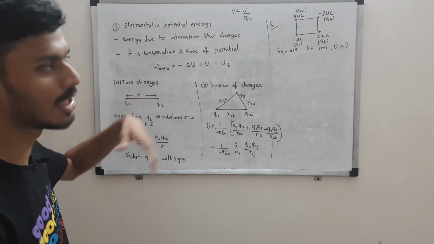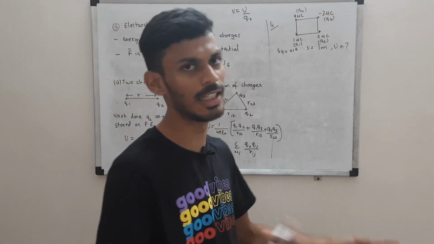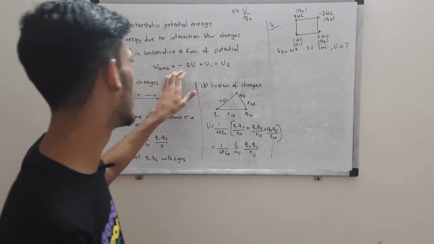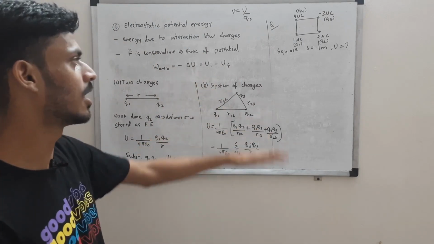Change in potential energy is U final minus initial, right? Change is basically final minus initial, and the negative sign will flip it over, so it's initial minus final.